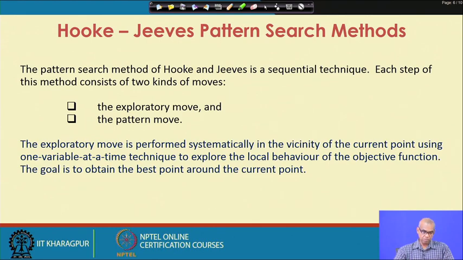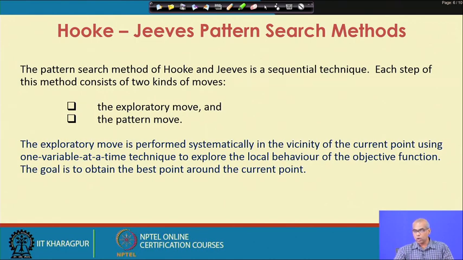So, in the first step of the Hooke and Jeeves pattern search method, which is known as exploratory move, we search systematically the vicinity of the current point, and we do this by applying univariate search technique, that means one variable at a time search technique.